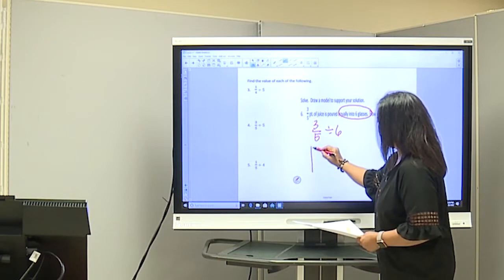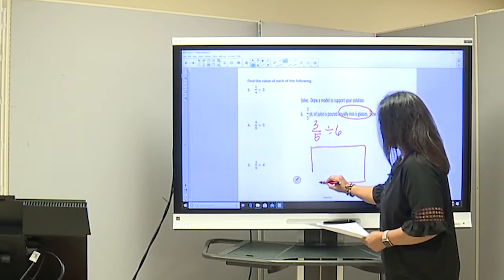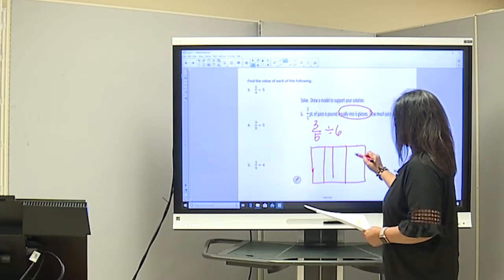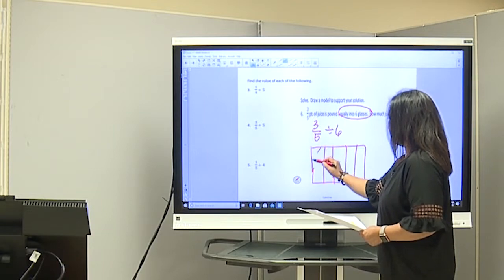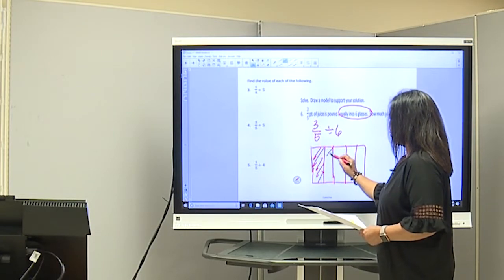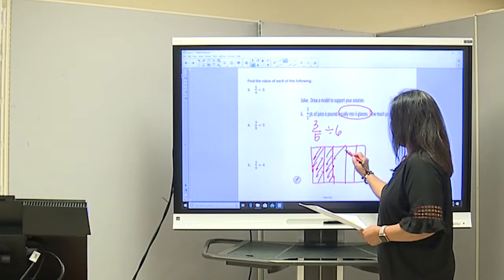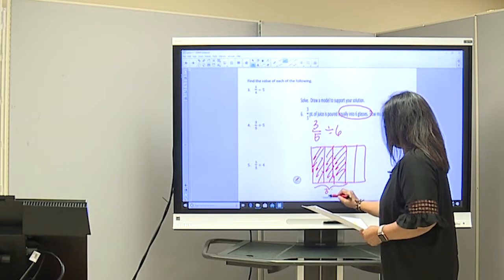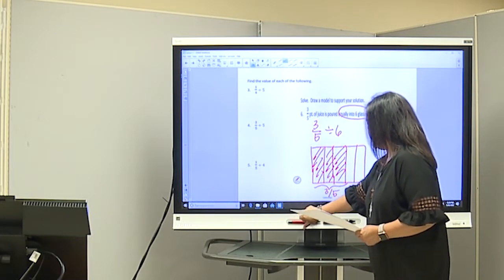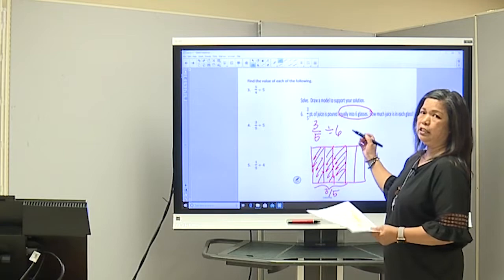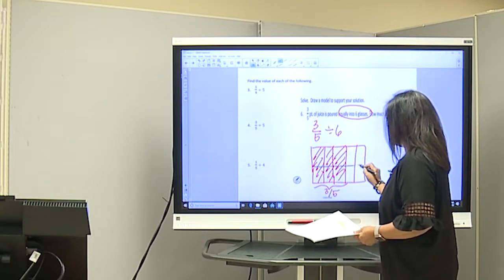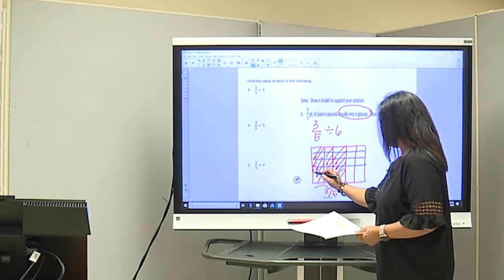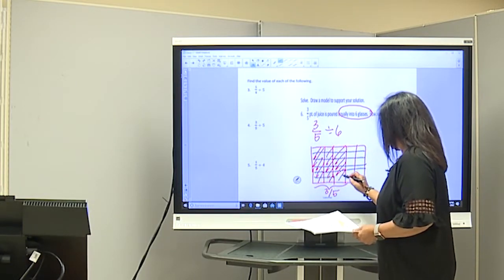To model, we are going to show 3/5. Here's 1, 2, 3/5. And it is going to be divided equally into 6 glasses. Got 3 here, and I got 3 here.